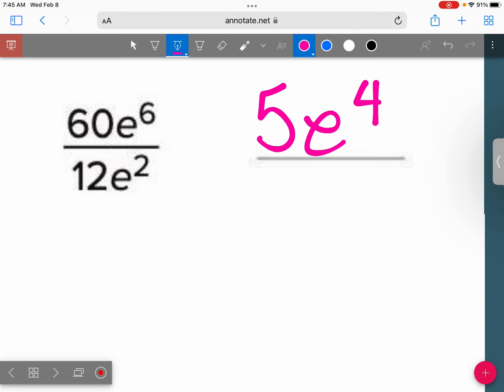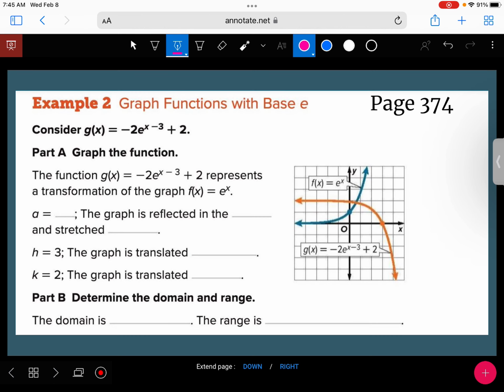Okay, cool. All right, we have about 10 minutes. Perfect. So we're just going to go over, if you flip to page 374, graphing with e. So again, very similar to all of the exponential functions we've already done.